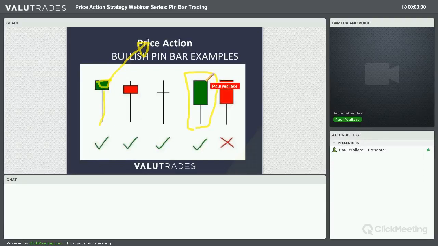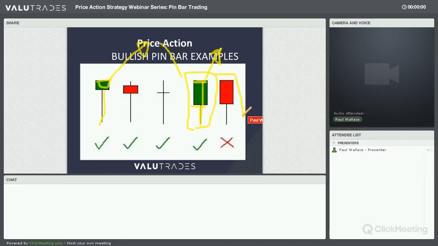We're expecting price to change direction, so price has probably come down, opened here, gone down, and then gone all the way back up and closed on its absolute highs. That is a very, very big bullish bar, and so we can expect price to head off north afterwards. So that one we actually look to use.